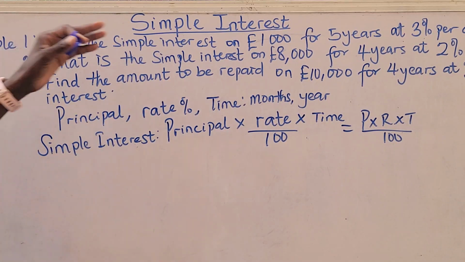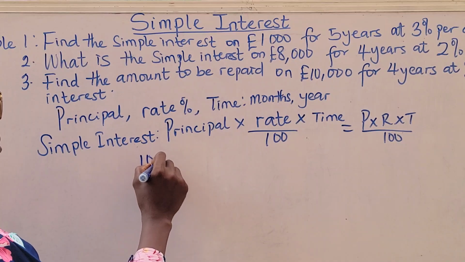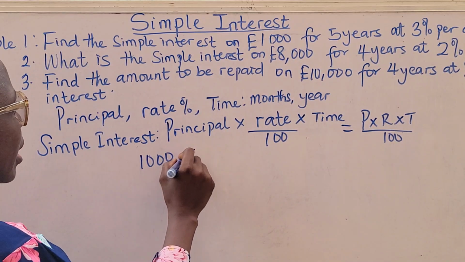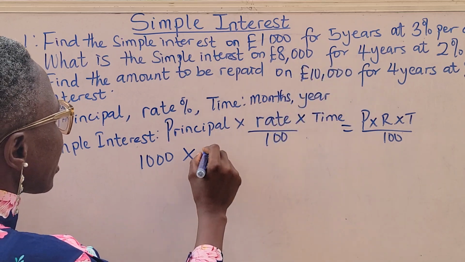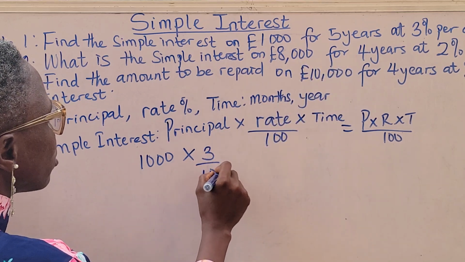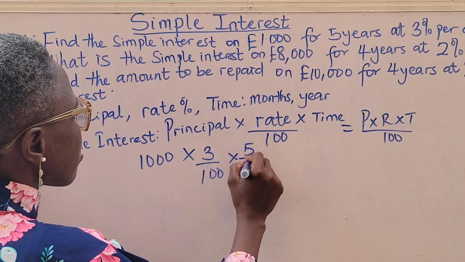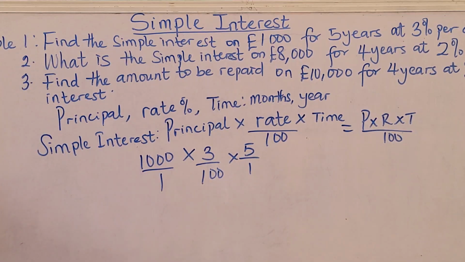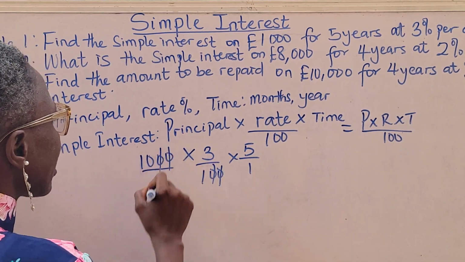So we can solve this now. The principal in this case is 1,000. So we have 1,000 times the rate. The rate is 3%. That's 3 over 100. And for how long? 5 years. So what's our simple interest? We can solve this now. 0 is cancelling 0. 0 is cancelling 0.